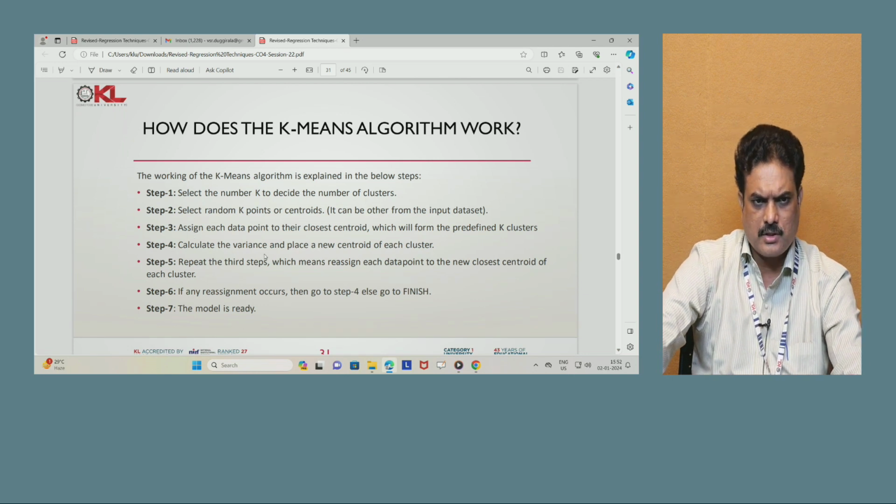Step 4, calculate the variance and place a new centroid for each cluster. Step 5, repeat the third step, which means reassign each data point to the new closest centroid of each cluster. Step 6, if any reassignment occurs, then go to step 4, else go to finish. Step 7, the last and final step, the model is ready. So these are the steps involved in the k-means clustering algorithm.